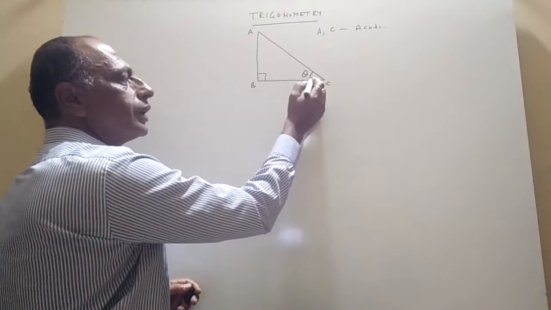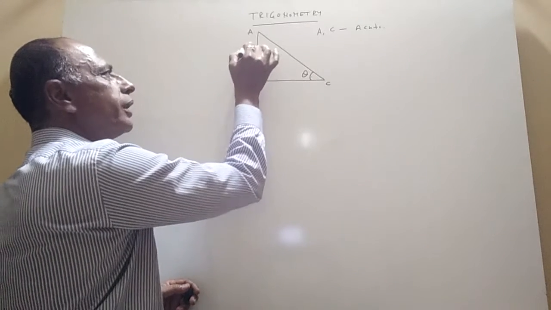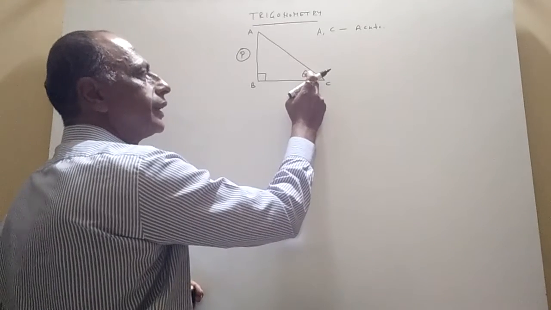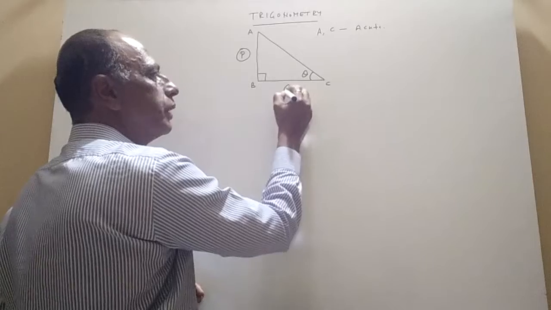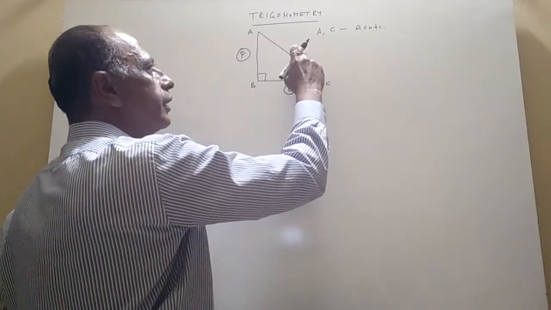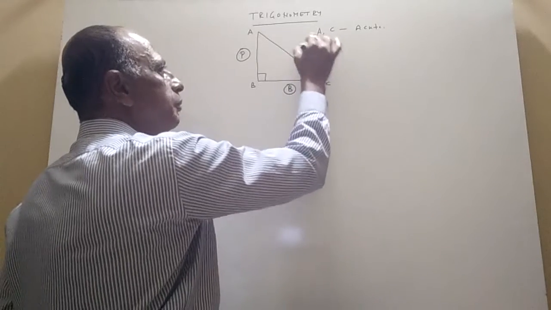The side opposite to this angle theta is AB, which will be taken as perpendicular, and the side adjacent to angle C, which is BC, will be taken as base, and the side opposite to right angle, AC, will be taken as hypotenuse.